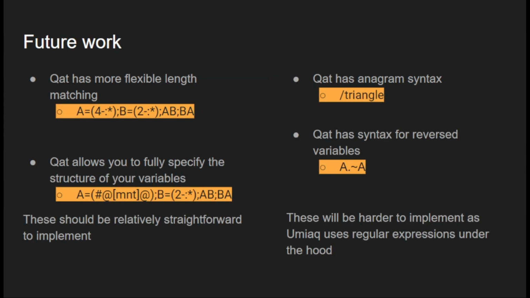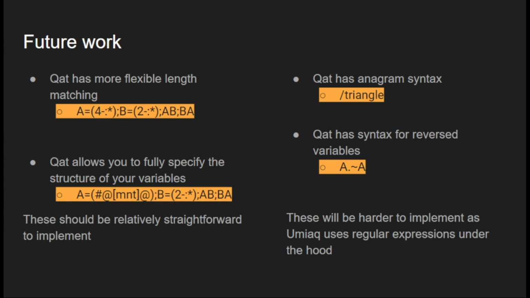Okay, now that that's all done, I want to talk about stuff that Umiaq can't do that I would ideally like it to have, but isn't quite there yet. So the ones on the left, I think I can implement relatively easily. Specifically, in Cat, you can do this flexible length matching.